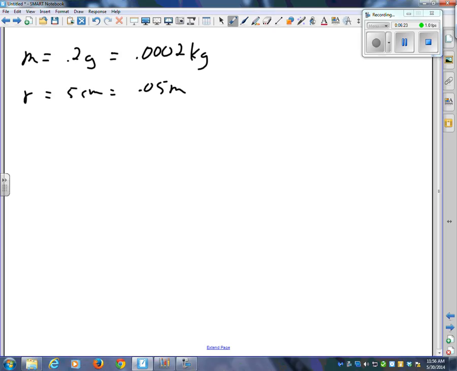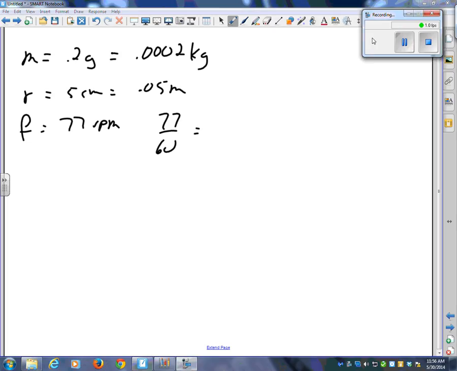And our frequency is 77 RPM, which is 77 divided by 60 to get it in RPS, 1.28 hertz. And so the question is, what centripetal force must be provided by friction to cause the flea to maintain its UCM?